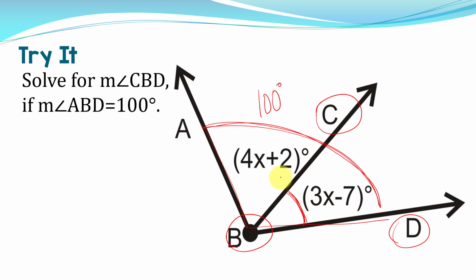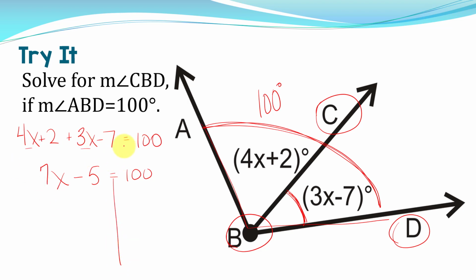If we know all of these angles add up to 100, can I set up an equation? 4x plus 2 plus the other angle, 3x minus 7, equals all of it, which is 100. Then I'm going to combine like terms, so I've got a 4x and a 3x, so that's going to equal 7x. I've got a 2 and a minus 7. That's going to combine to make minus 5. Remember, we're doing an equation. We combine like terms on one side before we start to move across the equals. So next up, solving the equation. Add 5 to both sides.